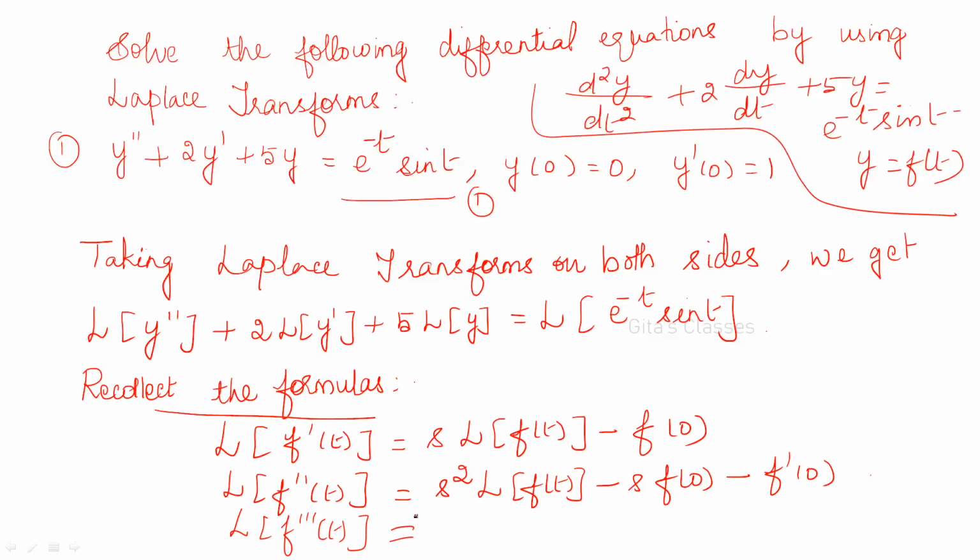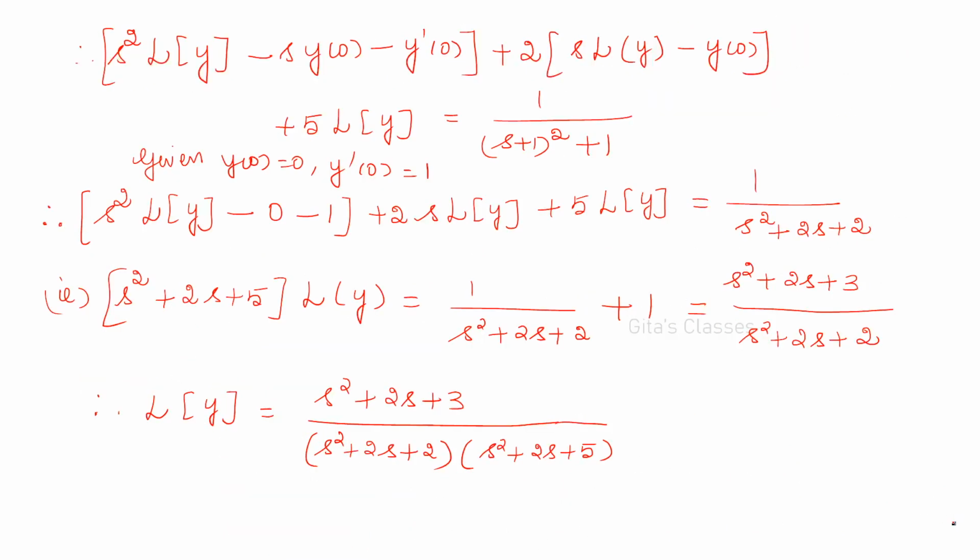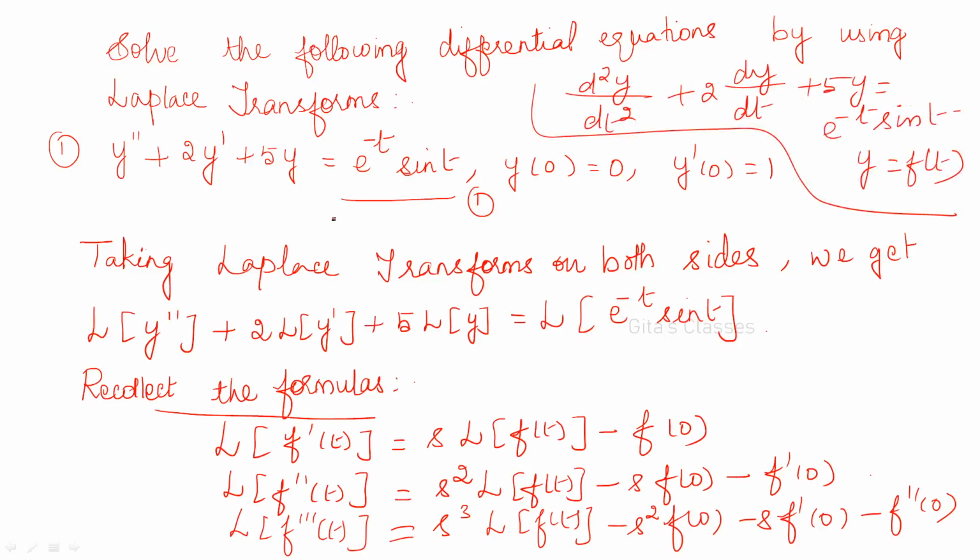Even if the third order is given, you can use s cube into L of f of t minus s squared into f of 0 minus s into f dash of 0 minus f double dash of 0. This is the expansion.